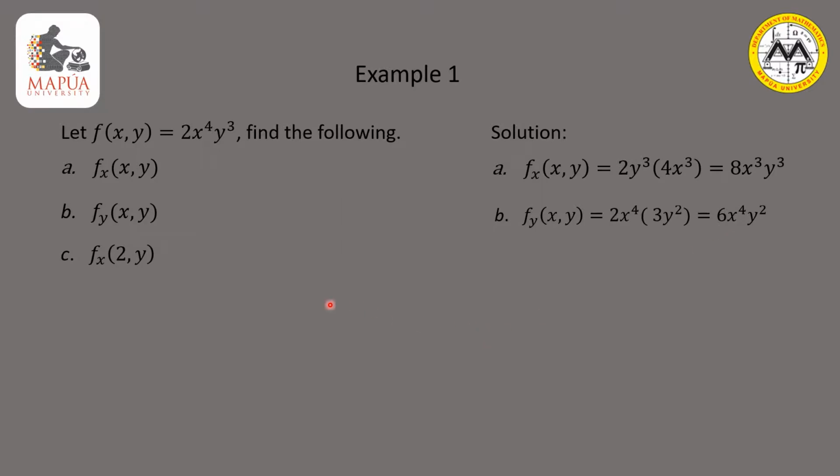As to evaluating the first partial derivative of the function with respect to x at x equal to 2 and y equal to 1, then this will just be given by the value of the function defining the first partial derivative of f with respect to x, substituting in place of x 2, and retaining y value as y.